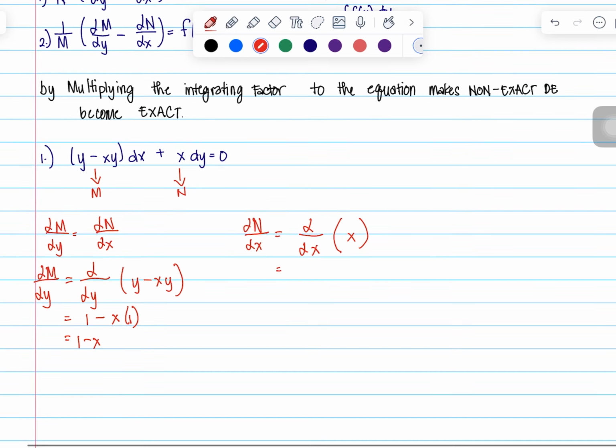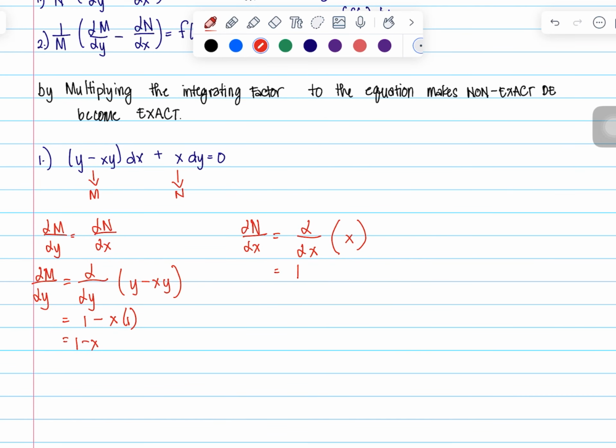That is 1. So basically 1 minus x is not equal to 1. Therefore, the DE is non-exact.